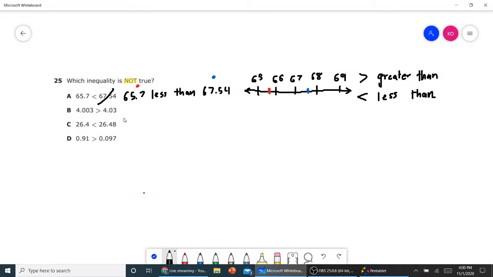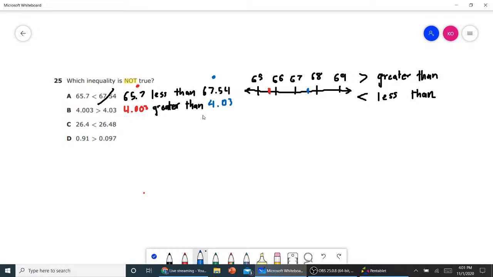Now let's look at this question. So we see the symbol right here. So let me color code it again. So 4.003 is greater than, let's make this blue, 4.03.